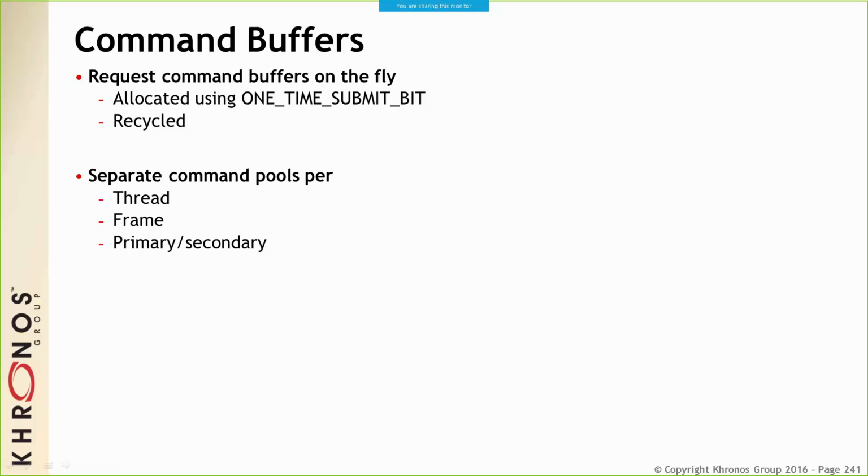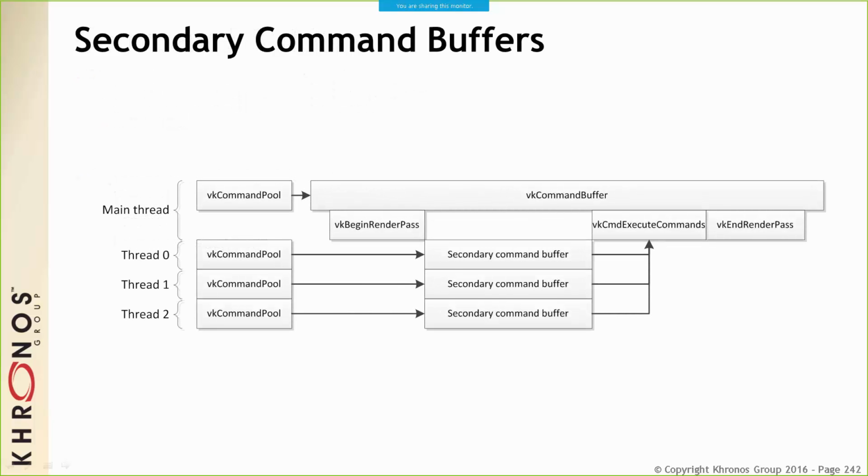We use secondary command buffers quite extensively, since we can't really assume how big a render pass would be. So for every large render pass we state up front: is this a multi-threaded thing or a single-threaded thing? If it's multi-threaded, we split up our work into secondary command buffers and execute them in the main thread afterwards.